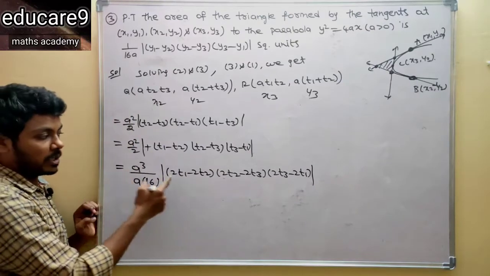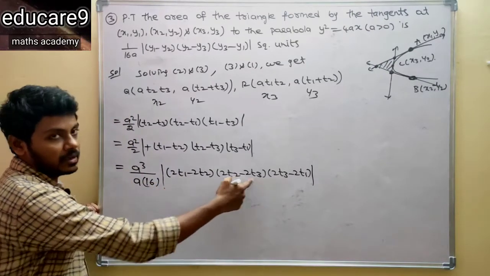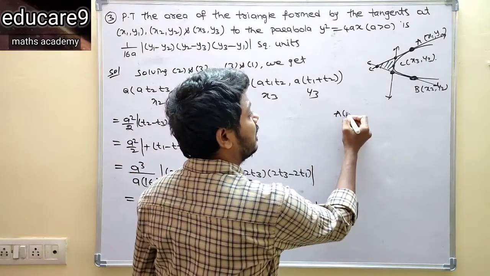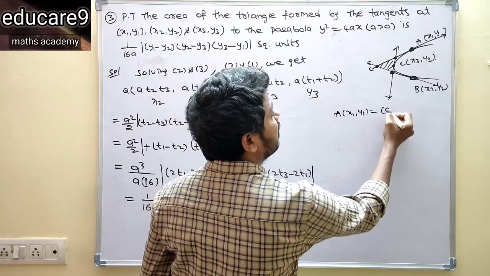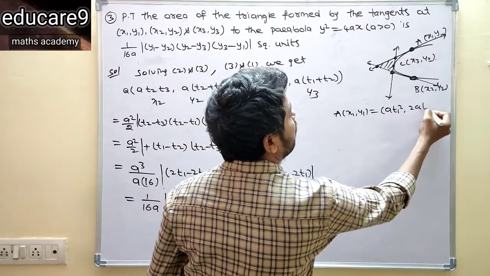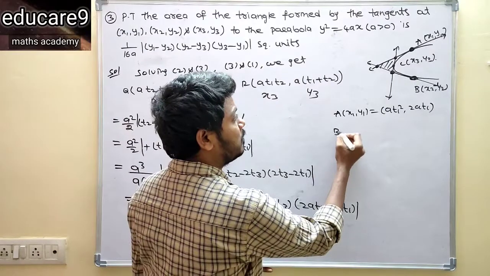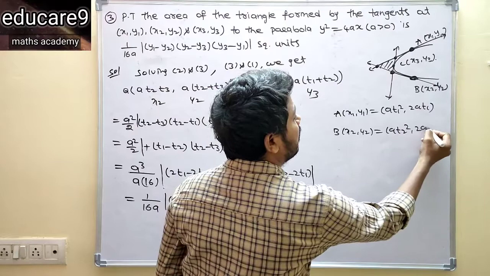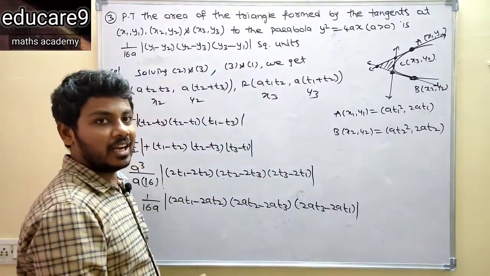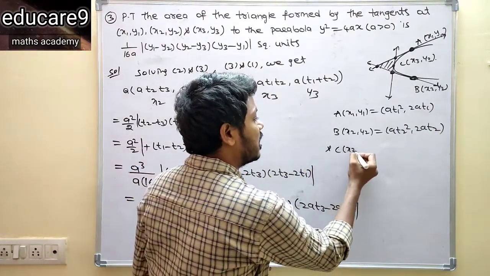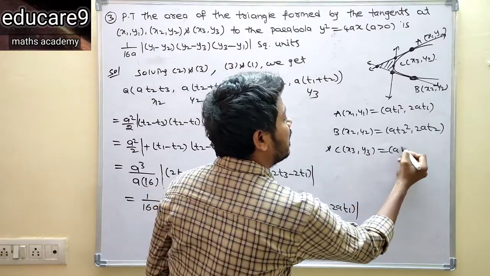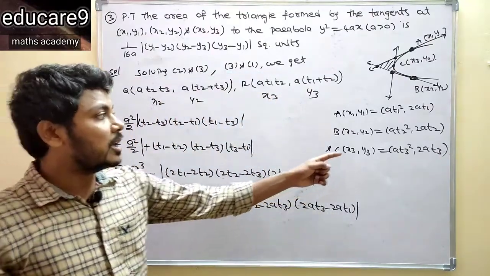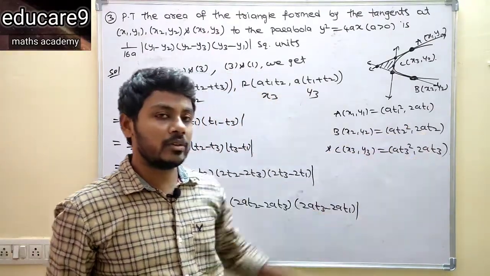Again this a cube is multiplied inside of this. You will get, see here, you know that A is x1 comma y1. This is a t1 square comma 2a t1. And B, x2 comma y2, is a t2 square comma 2a t2. And C, x3 comma y3, is what? a t3 square comma 2a t3. So substitute the values of A, B, C here.